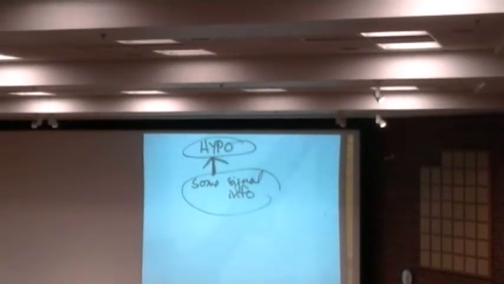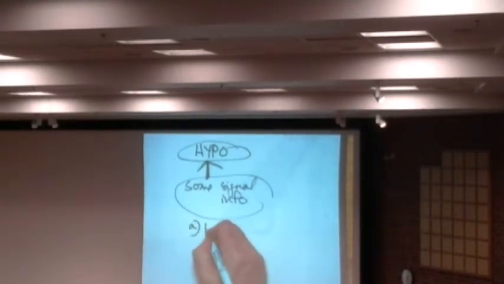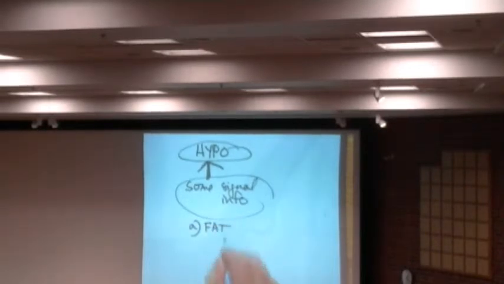Well, I'm going to go through three possible ways we can use to regulate body weight. One is the amount of fat in the body. Another is through the digestive system.